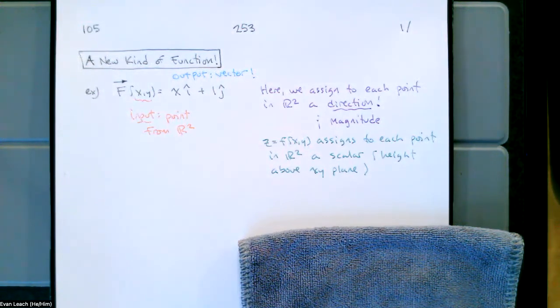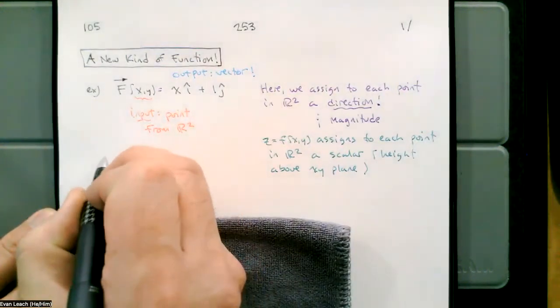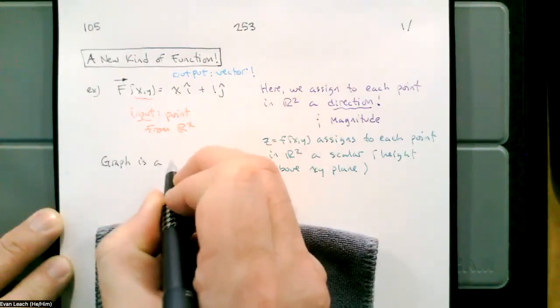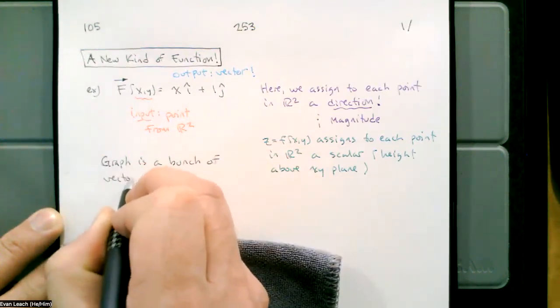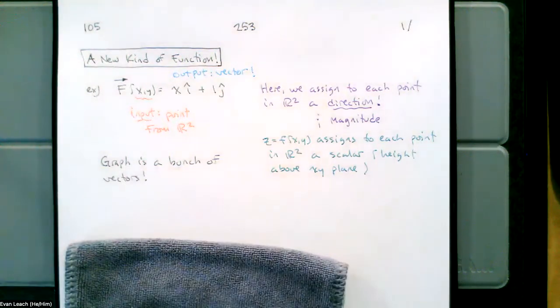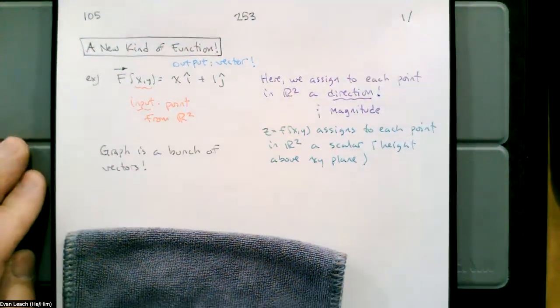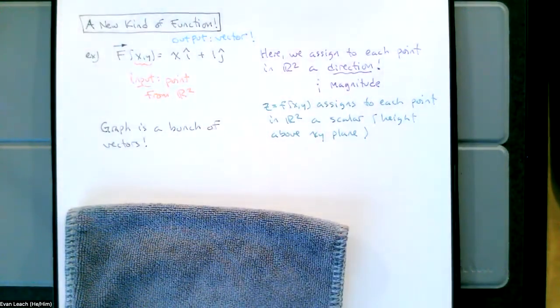So the graphs look very different. The graph is going to be a bunch of vectors. So this is just a vector field. It's a vector field that I made up, just like saying f of x equals x squared times y. It's just something that I made up.